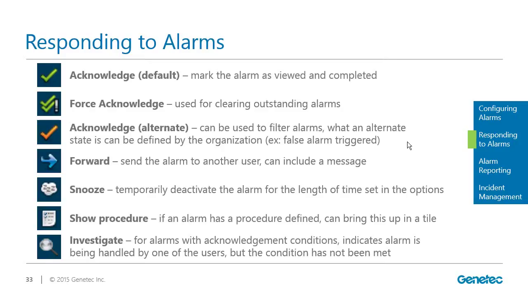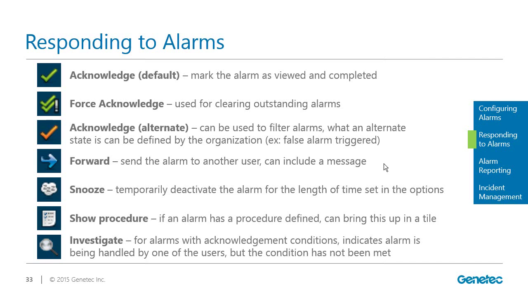And really, it's up to your organization to define what the alternate state is. For instance, if you have an alarm that could be triggered falsely, you could set that as a false alarm acknowledgement. That way you could search for any alarms acknowledged using the alternate method, and then you'd know how many false alarms you had during a certain time period.